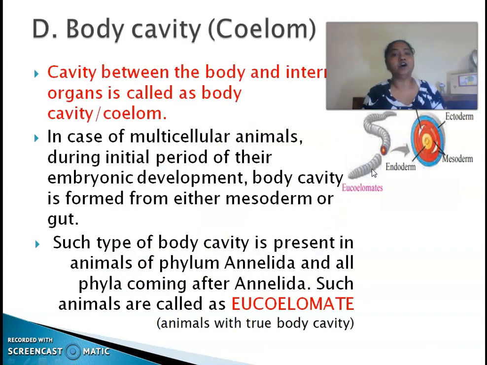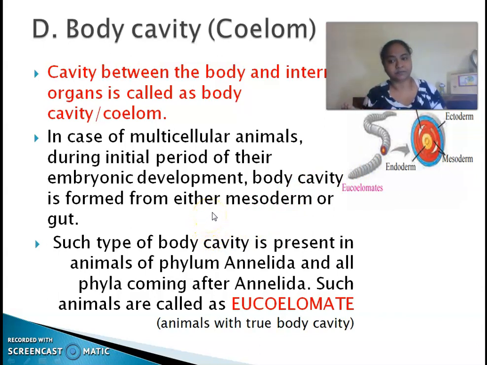Next is the fourth criteria, that is body cavity. Now children, what is body cavity? The cavity between the body wall and internal organs is known as a body cavity or coelom. In case of multicellular animals, during the initial period of their embryonic development, the body cavity is formed from the mesoderm.